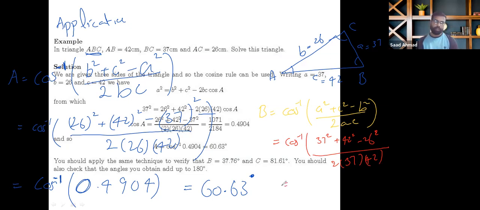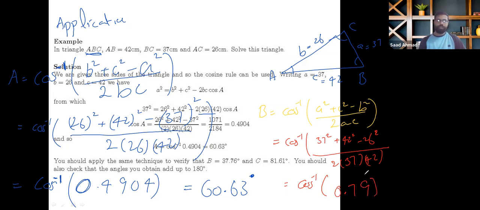So let me do it on my calculator. 37 squared plus 42 squared. Till then you can also do it and tell me the answer. What I got is 0.79.